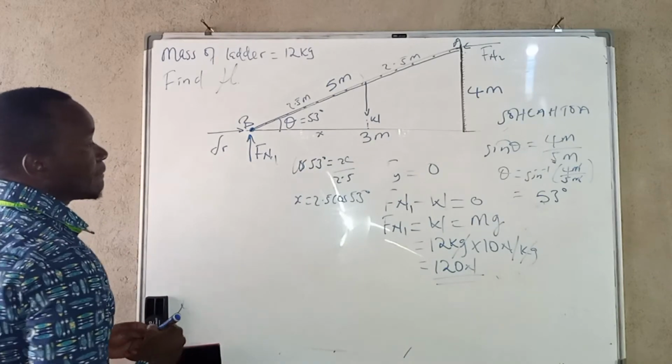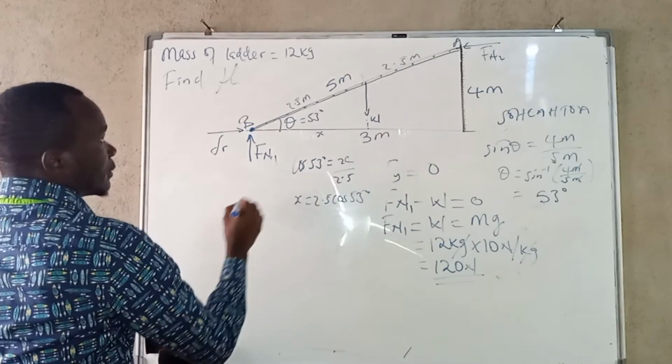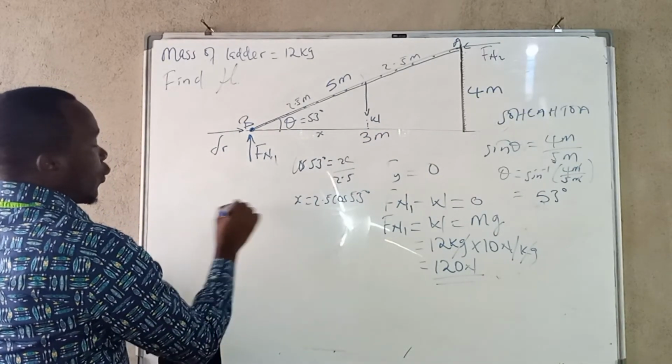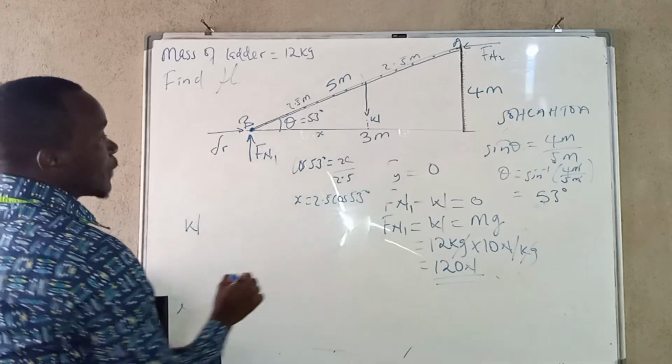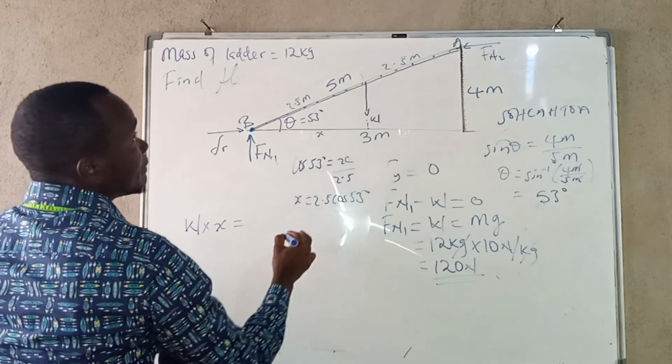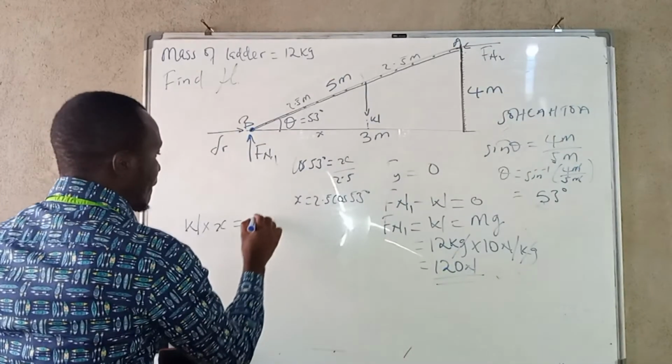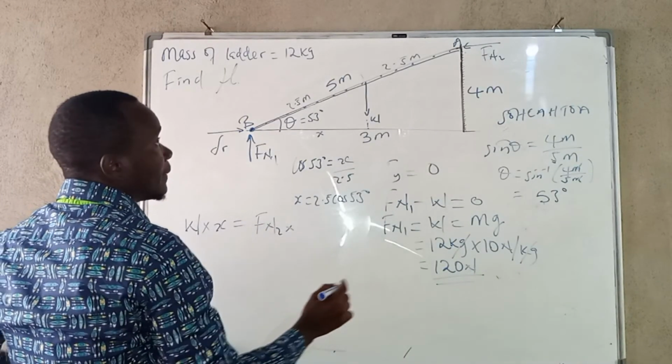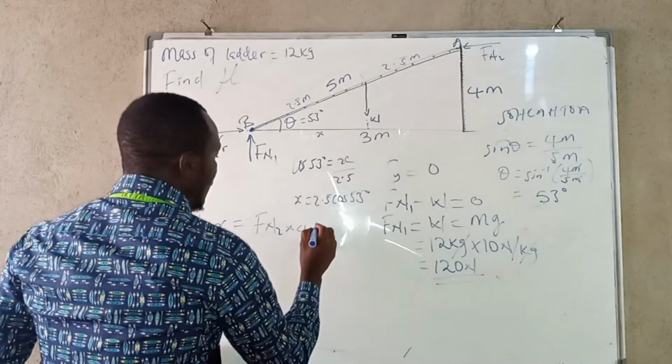So we have the weight times x, which must be equal to Fn2 times 4 meters.